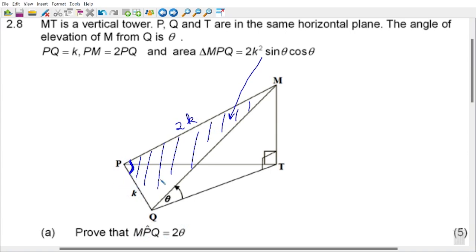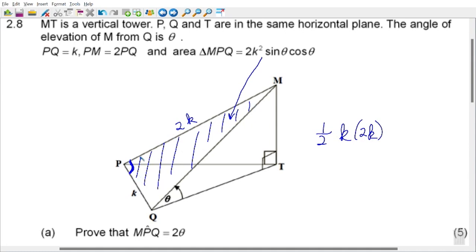Now, this is a typical question in the sense that we've got the area of this triangle. And remember, we know the formula for the area of a triangle, which is going to be a half times k times 2k.